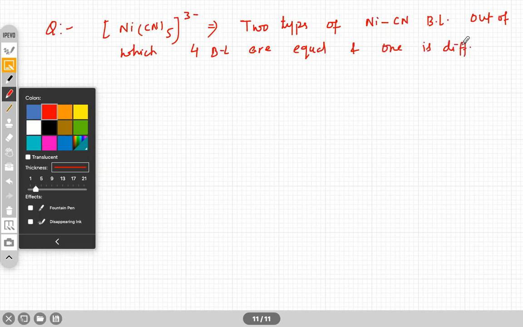Find out hybridization, magnetic property, and geometry of the molecule.